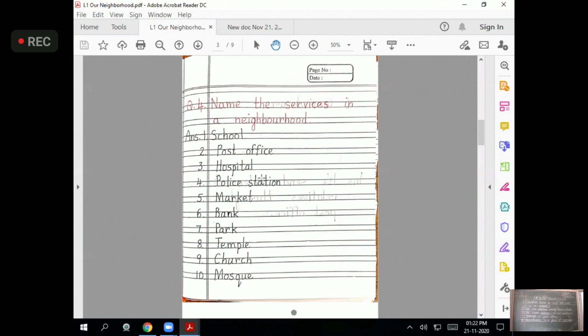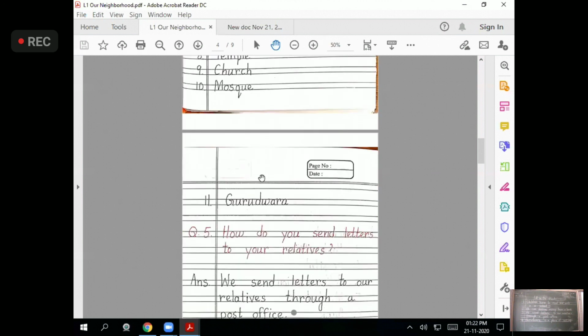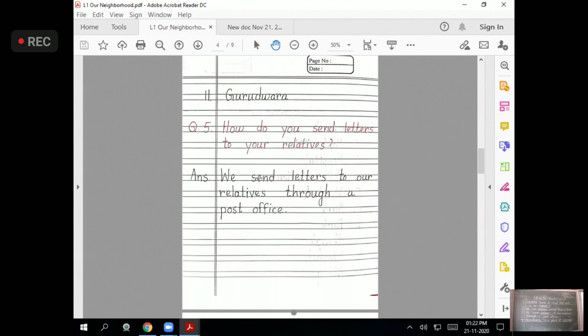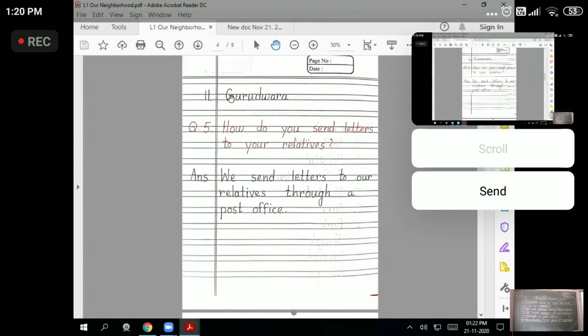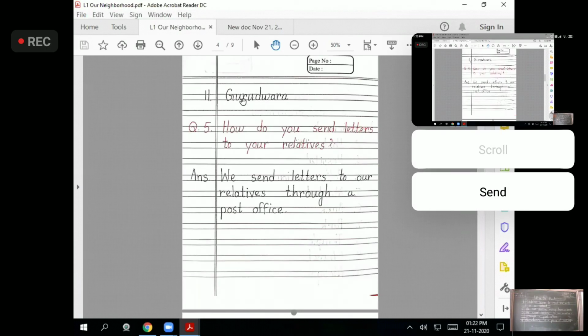Fourth question and answer. So this is fourth question and answer, fourth answer point. 11 points are there. Don't be confused.